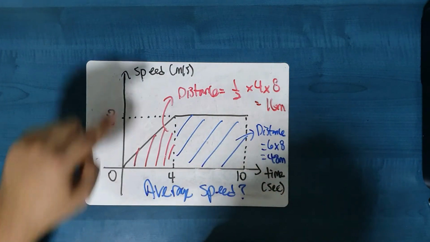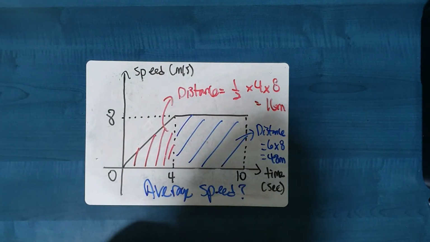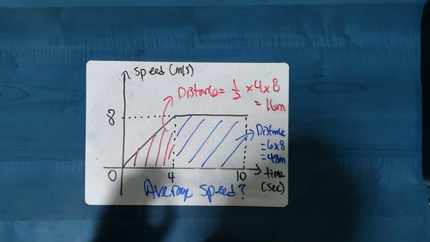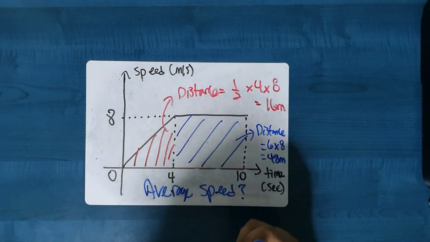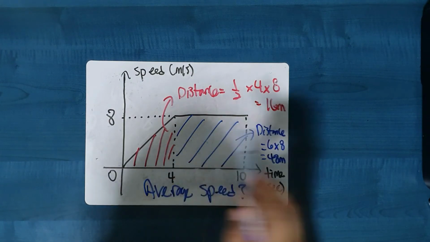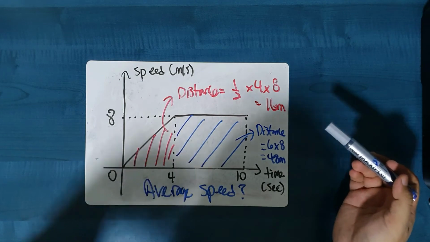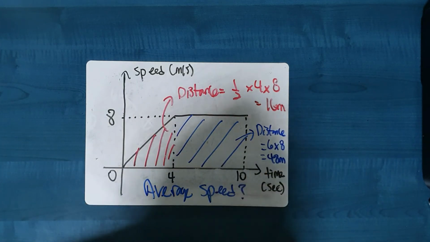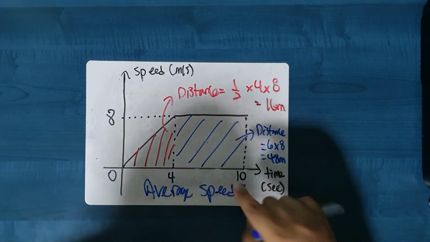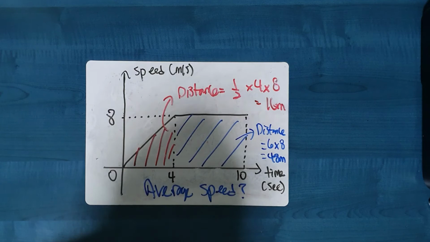So, when you have a speed time graph and you are asked to find average speed, you have to find total distance first, which is what we just did by finding the area of all these regions. Once you have total distance, you divide by total time. So what is the total time taken by this moving object? It is simply 10 seconds because the object only moved for 10 seconds.